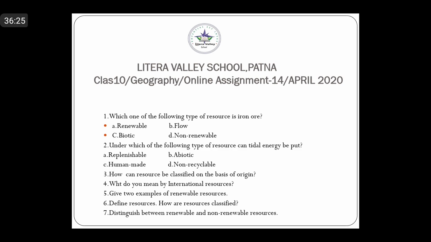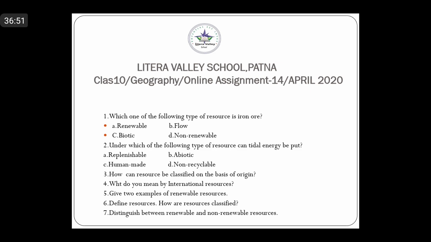So that's all about it today. We have discussed this chapter, and now there is one assignment for you. I have given two MCQs. Which of the following types of resource is iron ore, and under which type of resource can tidal energy be put, and third one is how can resources be classified on the basis of origin.